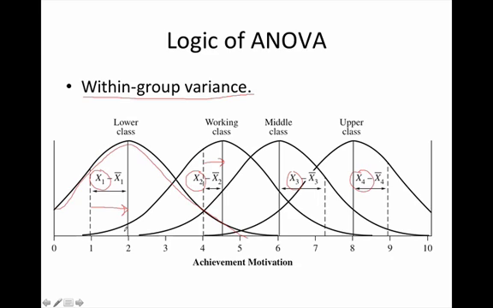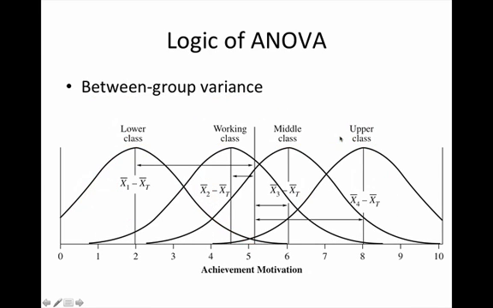So within group variance refers to how much variability there is in achievement motivation within those of lower classes, how much within working class, how much within middle class, and how much within upper class. So we're going to have 4 indications of within group variability.